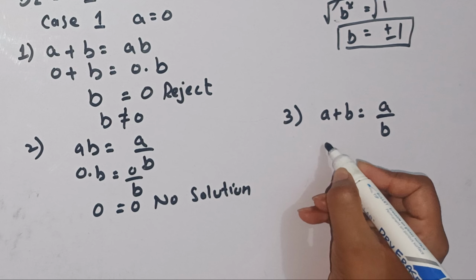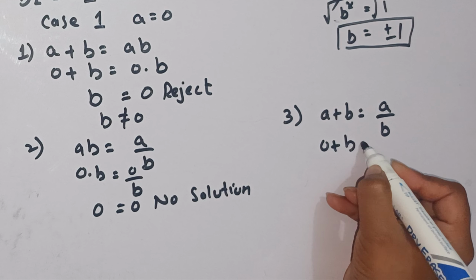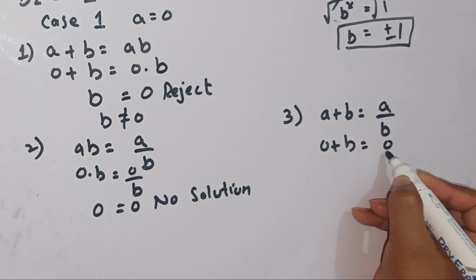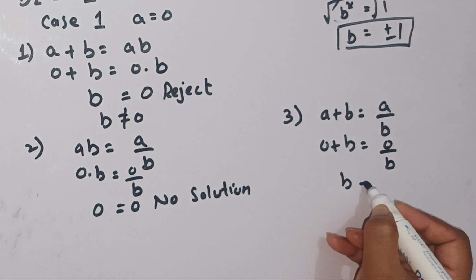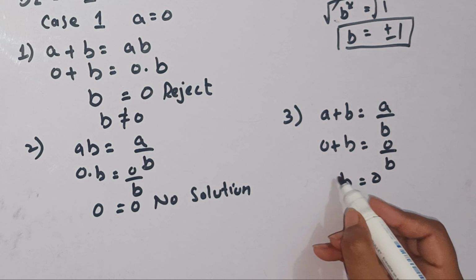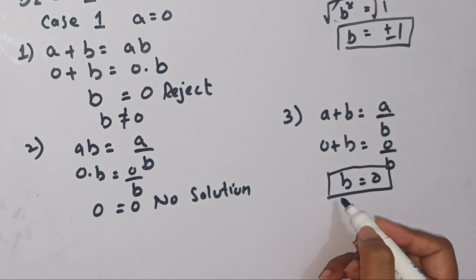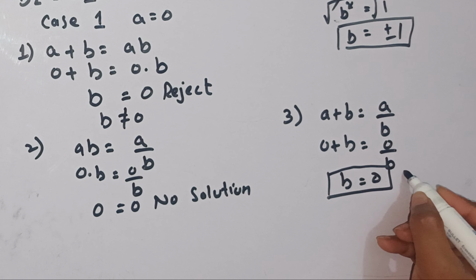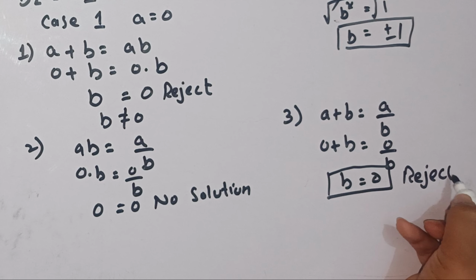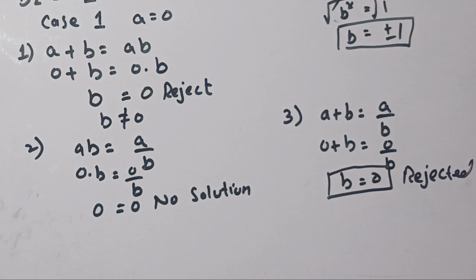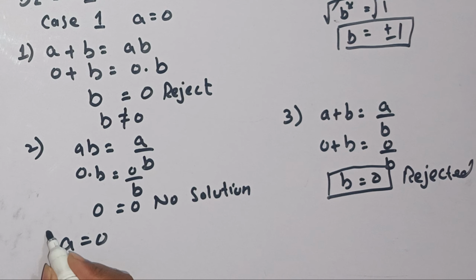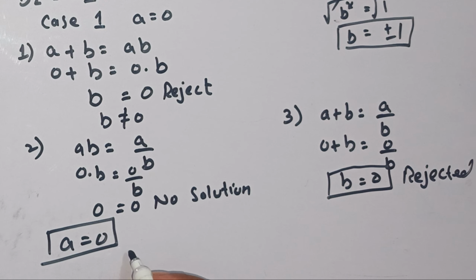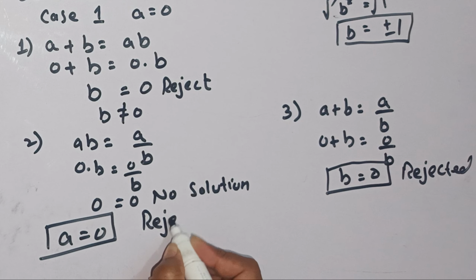If a is 0, then we have 0 plus b is equal to 0 over b. We have already discussed that the value of b is negative 1 or positive 1, so this is a rejected case. So a is equal to 0: we apply this value in all three equations and we get no result. So this is rejected.